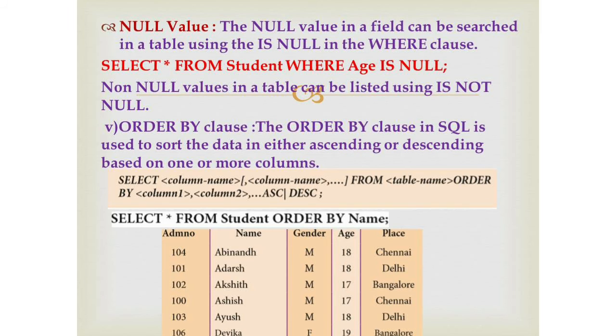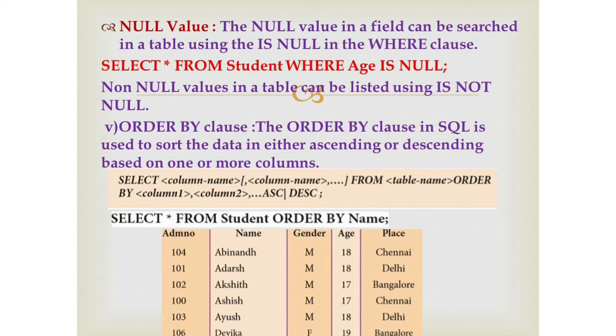Okay, now look at the example for that. To display the students in alphabetical order of their names, you can use a command like this: select star, star means all the students, right, from student, which is the table name, order by name. So it will consider the name column. Here you didn't mention whether it is ascending or descending, DESC or ASC.